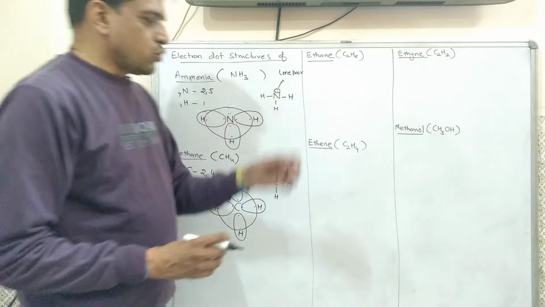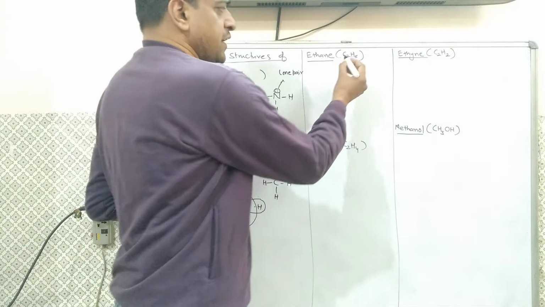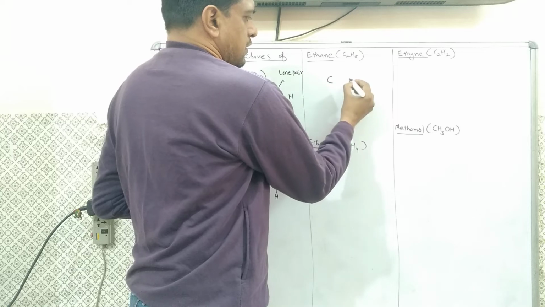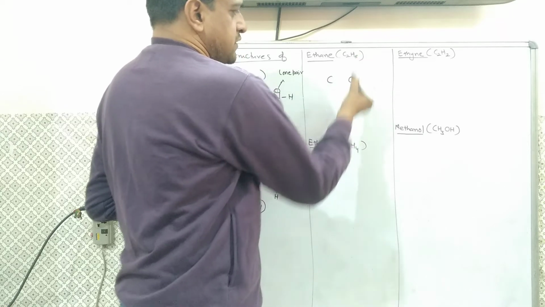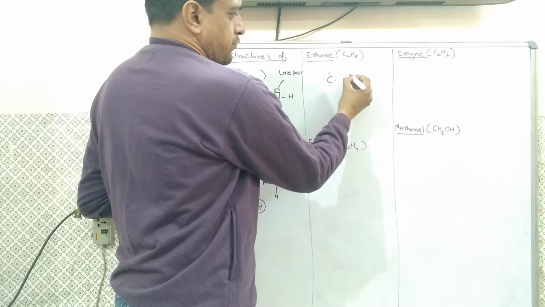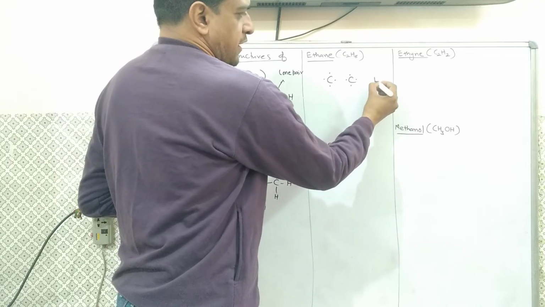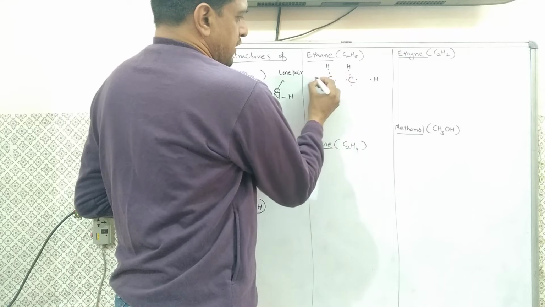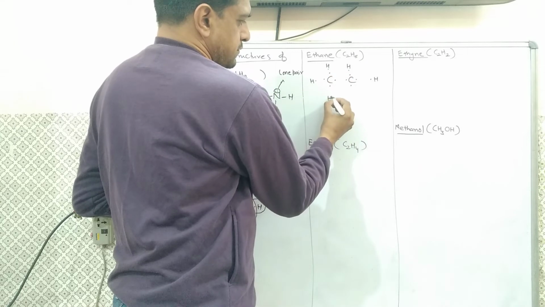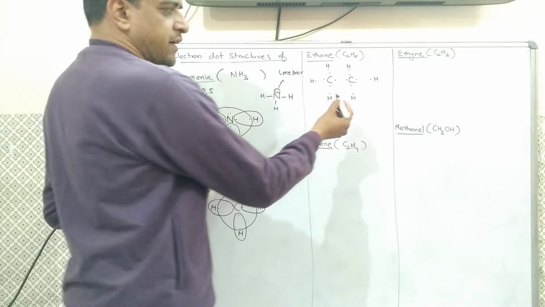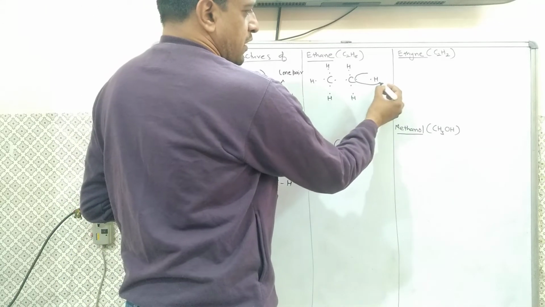Similarly, come to ethane. Ethane has 2 carbon and 6 hydrogen. It means 2 carbon like this, and each hydrogen will be like this. And now each hydrogen will share 1 electron with carbon.